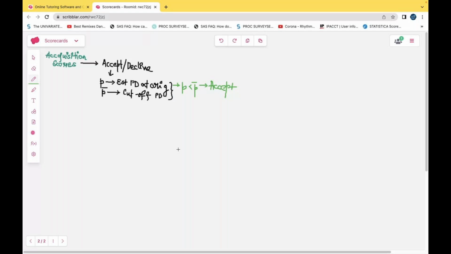So over here, the first question that comes out is an accept or a decline. Basically, if P is less than P bar, then it is accepted. However, if P is greater than P bar, this is declined.